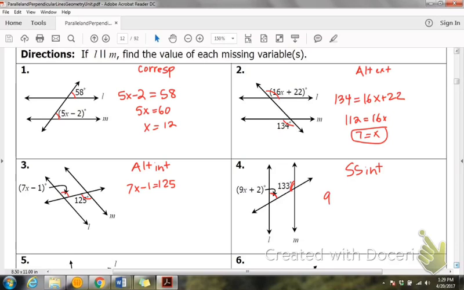So I have 9x plus 2 plus 133 equals 180. You guys okay with that? Any questions on this part so far? Pretty simple. You don't have to write congruent at all.